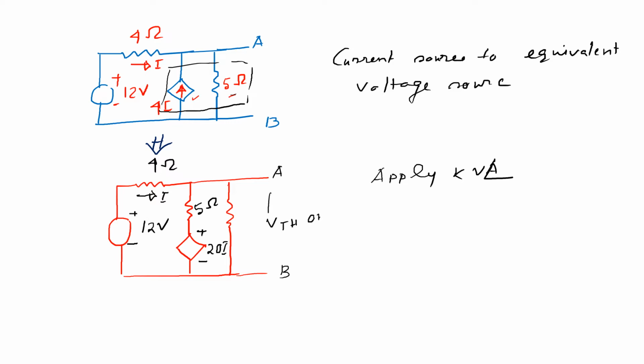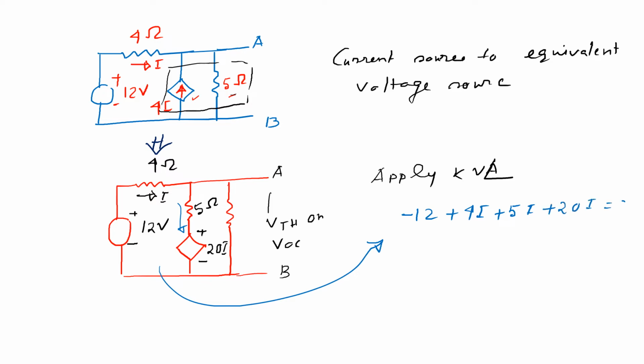Now if you apply the KVL in this loop, that KVL equation is minus 12 plus 4I, plus 5I, plus 20I is equal to 0. And after solving this, we can get that current I is equal to 0.414 ampere.